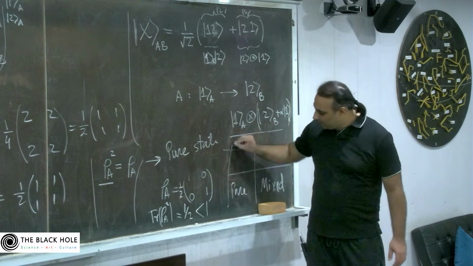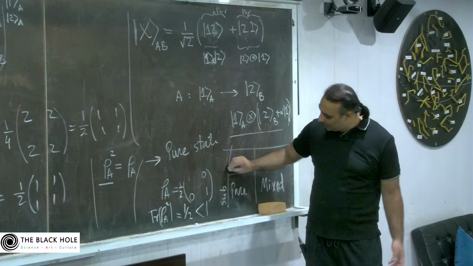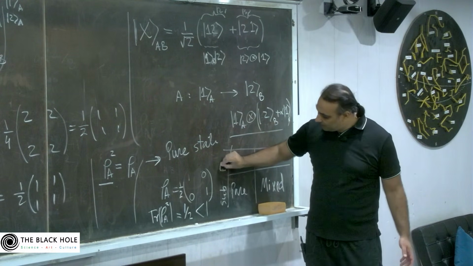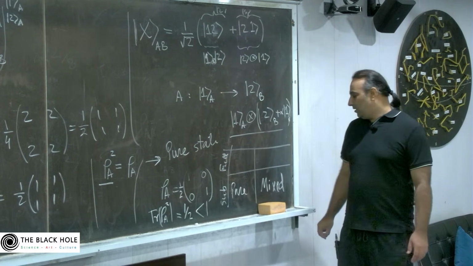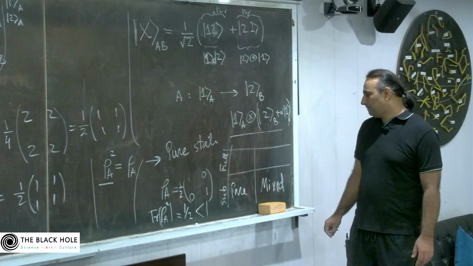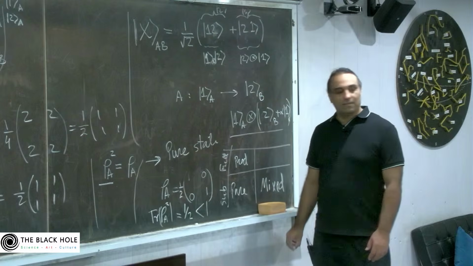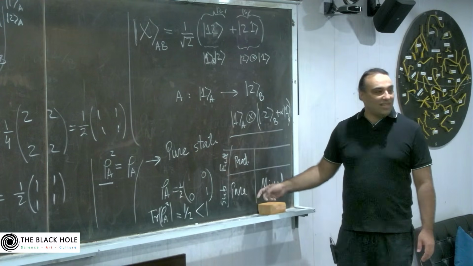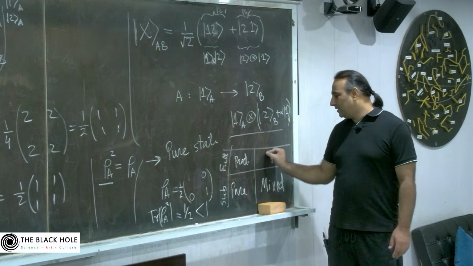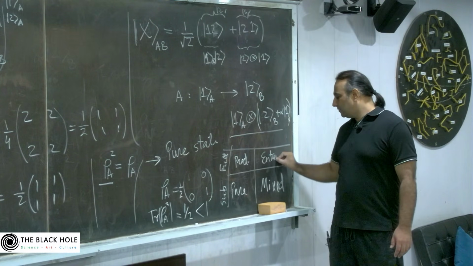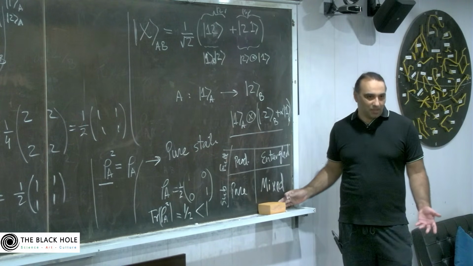So here this is related to subsystem, and this is your full system, full composite system. So if it's a product, then state of your subsystem will be pure, and if this is entangled, then state of your subsystem will be mixed.